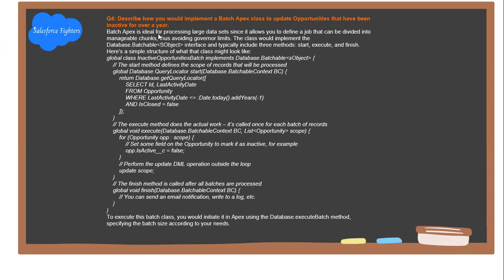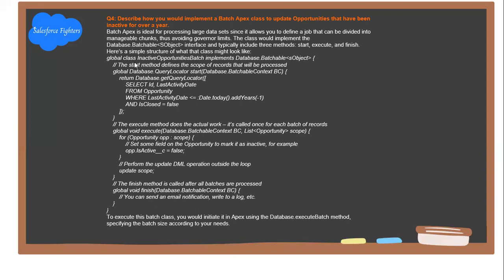Batch Apex is ideal for processing large data sets since it allows you to define a job that can be divided into manageable chunks, thus avoiding governor limits. The class implements the Database.Batchable<SObject> interface and typically includes three methods: start, execute, and finish. Here is a simple structure of what the class might look like.